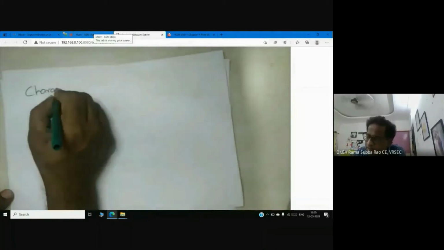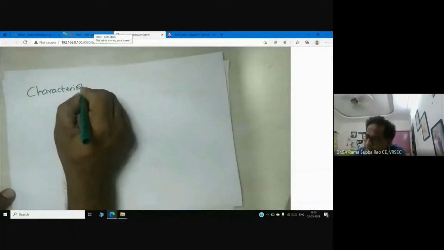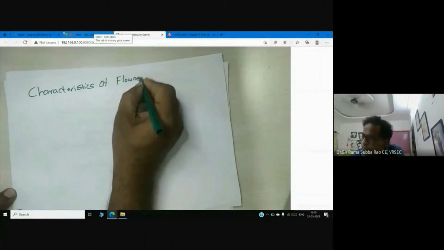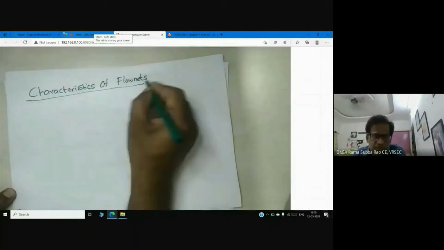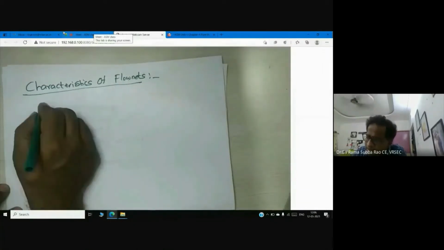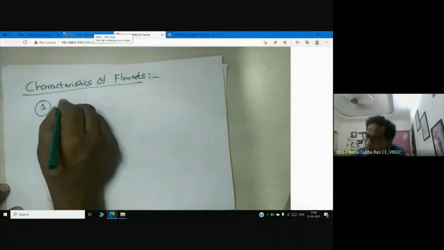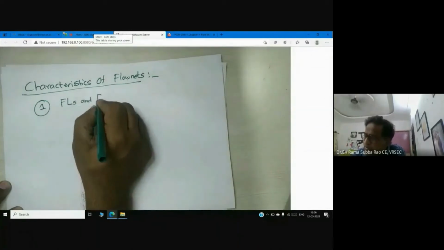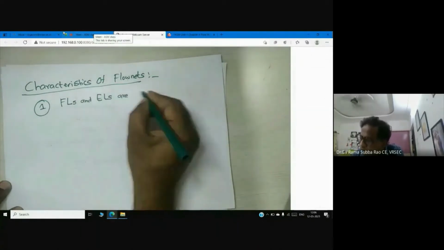Now, characteristics of flow nets. The first very important characteristic, as we already discussed: flow lines and equipotential lines are smooth curves.